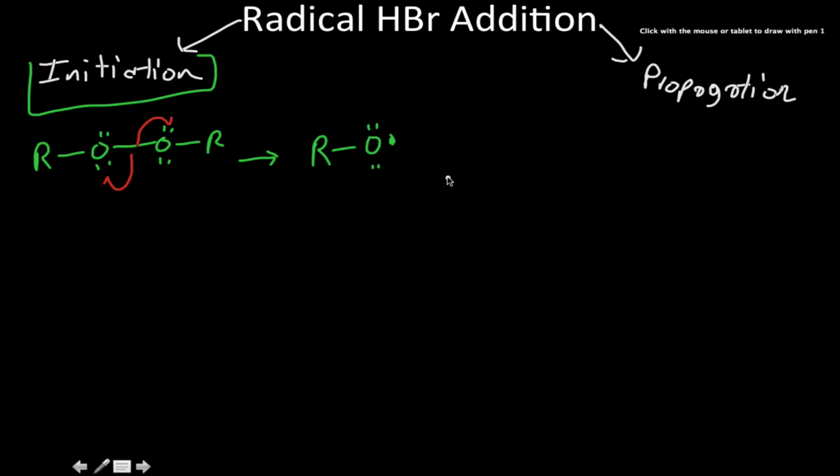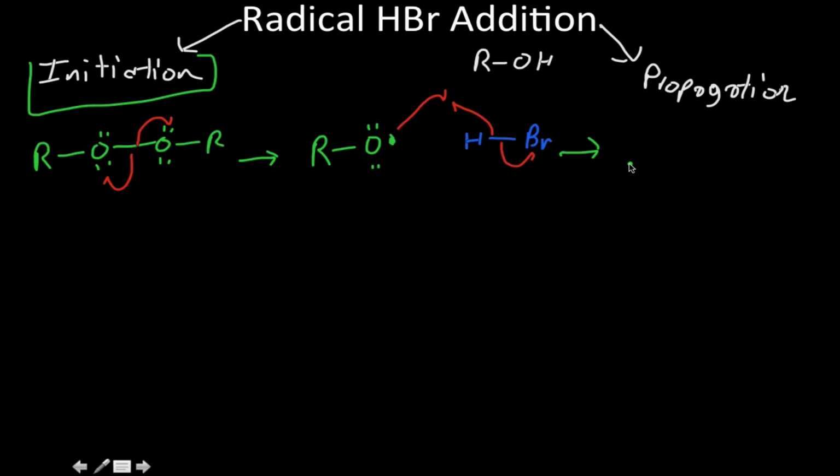So HBr comes along, and being a good radical, seeing a hydrogen there, we do a radical reaction that takes that away and results in an alcohol. But that's not really super important so much as the fact that what we've gotten out of this is a bromine that is now a radical.